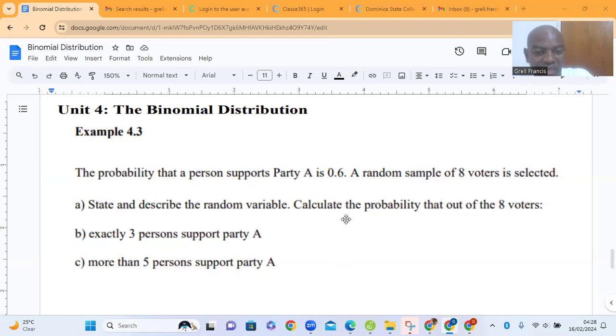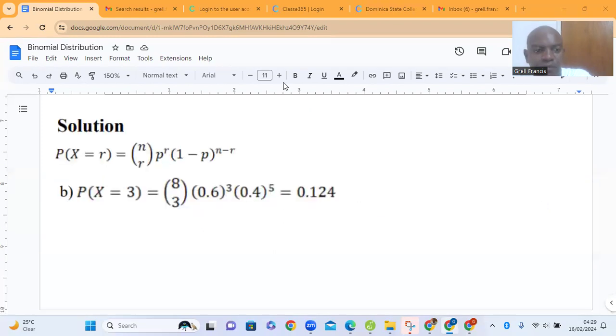Now, part B says to calculate the probability that out of the 8, exactly 3 persons support party A. What is the probability of obtaining 3 out of that 8? So here we simply apply the binomial distribution formula.